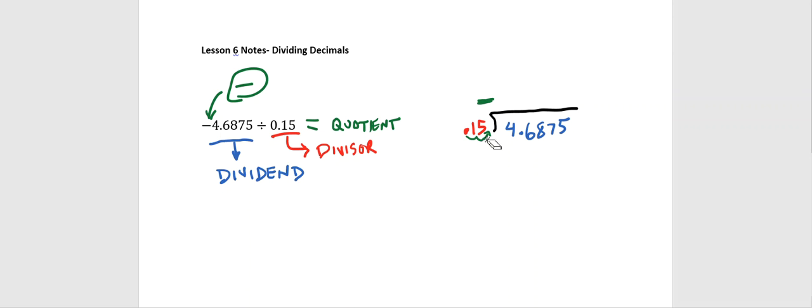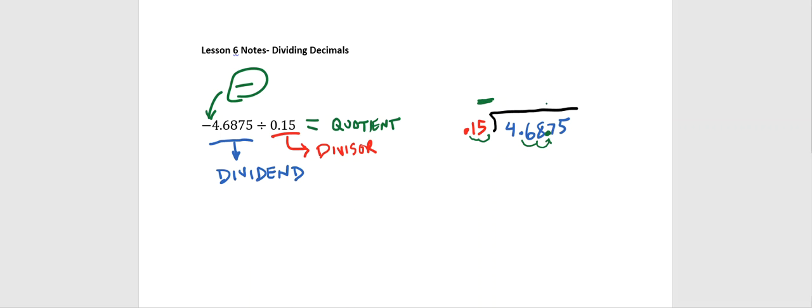So we just want to be aware that before we actually get going with our division, the outside number, the divisor, is turned into a whole number. But by doing so, we're also going to have to move the inside number that number of spaces. So since I moved the divisor decimal point 2 spaces to the right, I need to do the same with the dividend decimal point 2 spaces to the right.